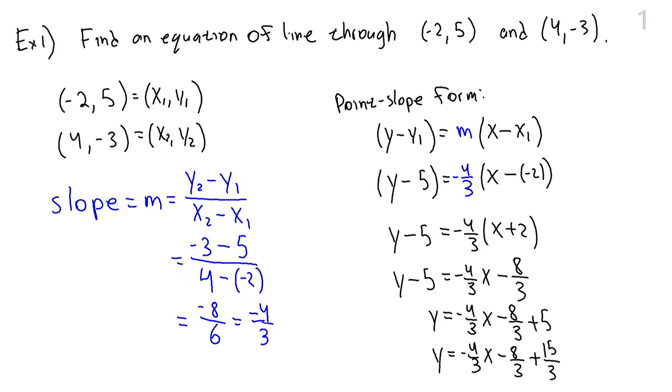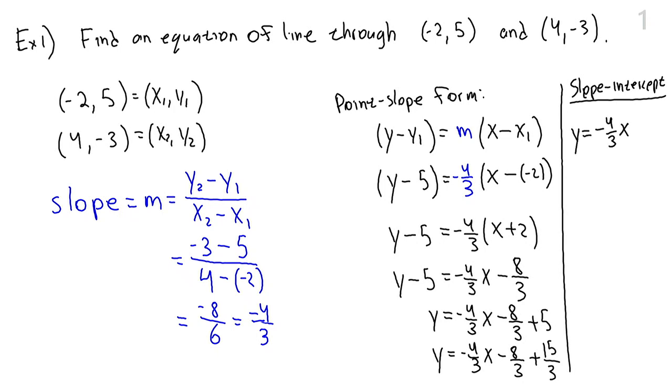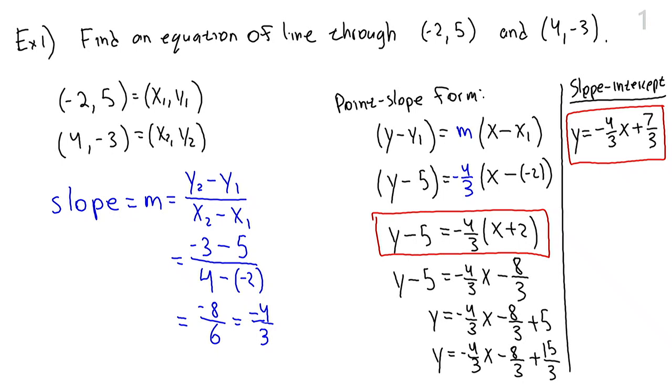And finally, our slope-intercept format of the line becomes y equals negative 4/3 x plus 7/3. So our final answer in slope-intercept form is this. If we were asked for an answer in point-slope form, it would be this equation.